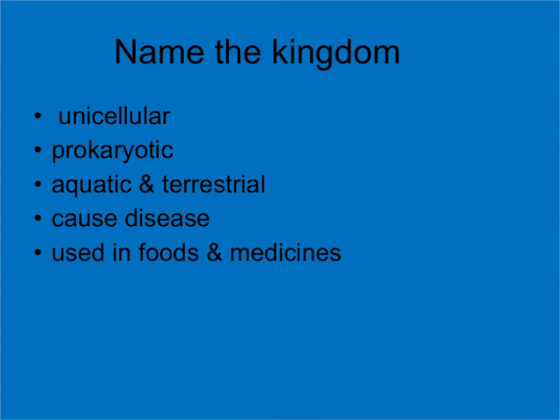Okay, what kingdom do these characteristics go with? Unicellular, prokaryotic. They may be aquatic or terrestrial. Remember, aquatic means living in the water, terrestrial, living on land. They cause disease, and they're used in food and medicine. Well, hopefully you realize that for prokaryotic, the only example is bacteria.